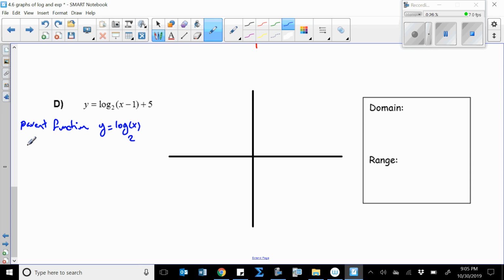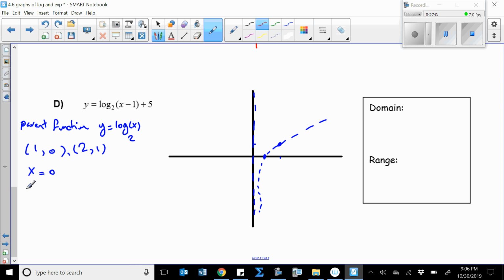The two important points will be 1 and 0, and base and 1. Base is 2, so 2 and 1. And the asymptote is always x equal to 0. So I start with 1 and 0, and then 2 and 1, and the asymptote is here. So the graph of the parent function will look like this.